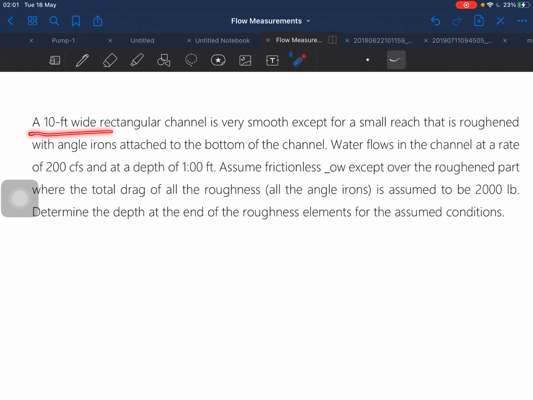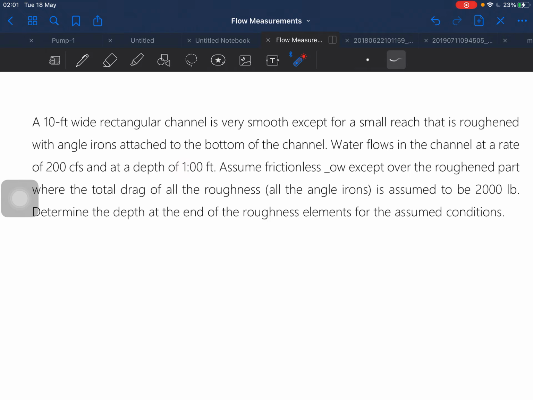A 10 feet wide rectangular channel, it must be something like this, is very smooth except for a small ridge that is roughened with angle irons attached to the bottom of the channel. Water flows in the channel at the rate of 200 CFS, cubic feet per second, at a depth of 1.0.